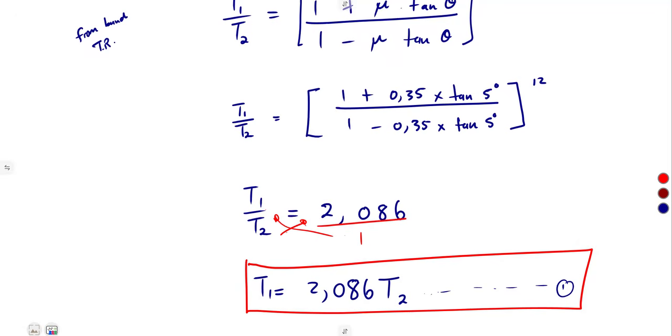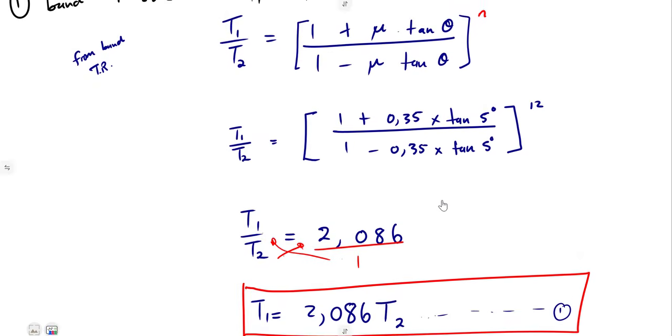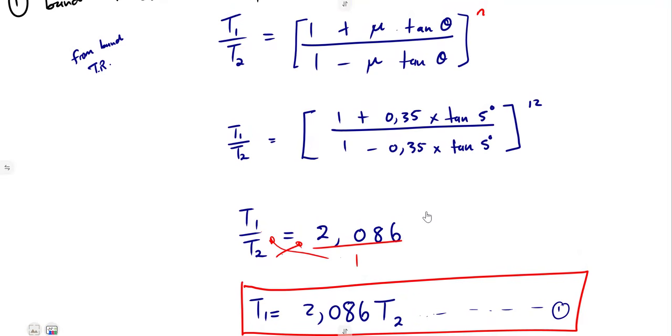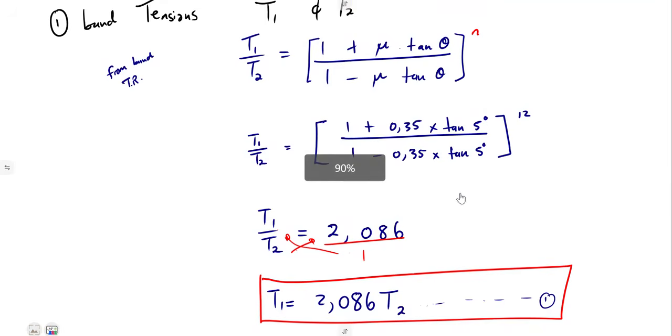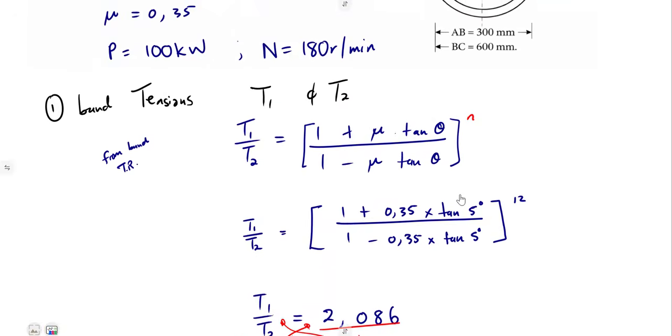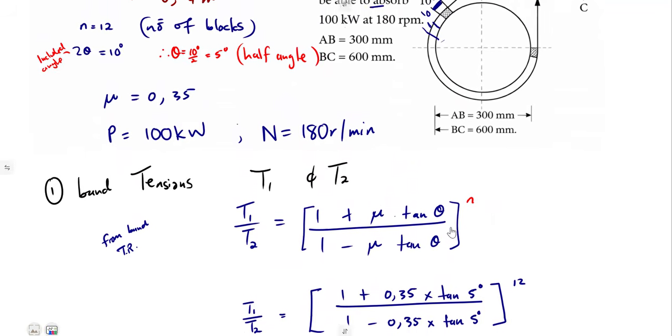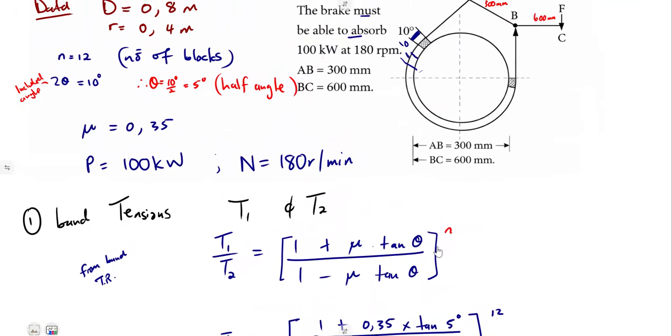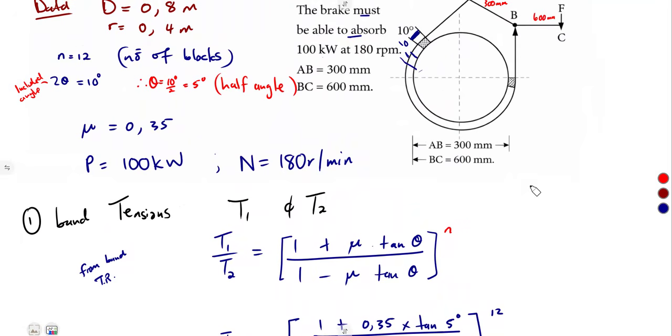So now the question is, do we have any other equation that can be formulated? And that equation must consist of what? T1 and T2. From what we have so far, we are limited. Unless we can calculate the value of torque.